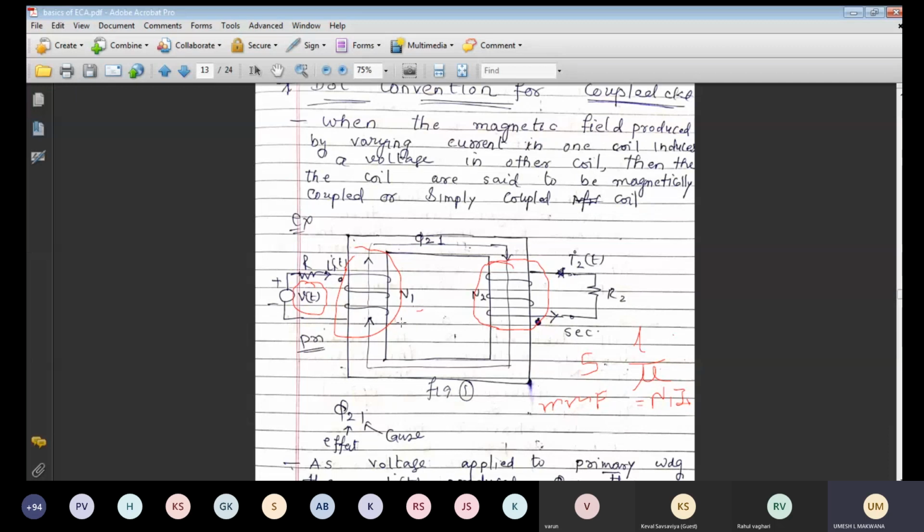L is a known value because the length of the path is known, and mu is known because mu 0 and mu r are given. So reluctance is known, MMF is known, so you can find out the flux.